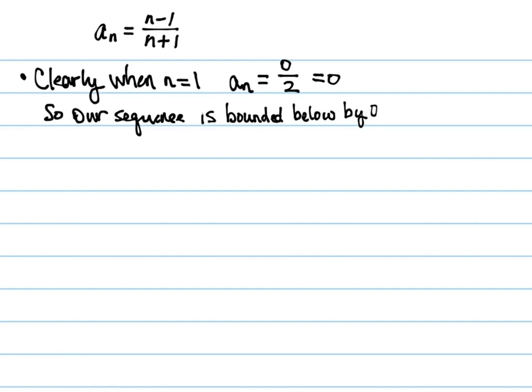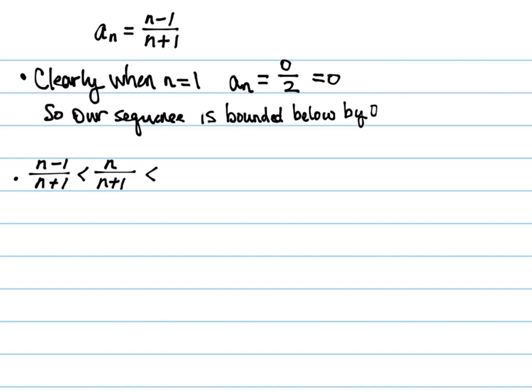All right. So let's take a look at what happens if we compare n minus 1 over n plus 1. If I take this one and I just remove the negative 1 on the top, it actually gets bigger, right? That's a true statement, yeah? I'm not subtracting 1.